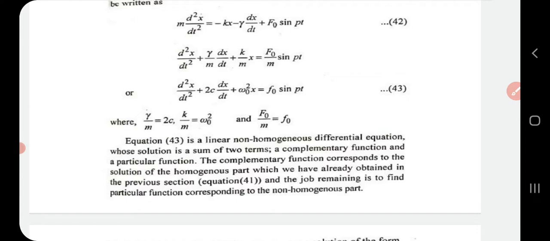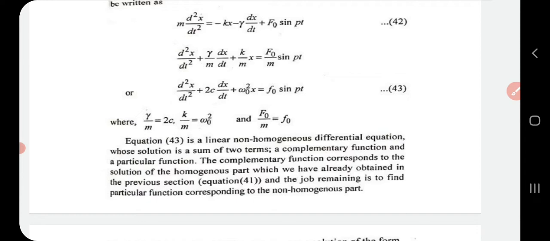Now equation 43 is a linear non-homogeneous differential equation, and its solution will be a sum of two terms: a complementary function and a particular function. The complementary function corresponds to the solution of the homogeneous part, and here our aim is to find the particular function corresponding to the non-homogeneous part.